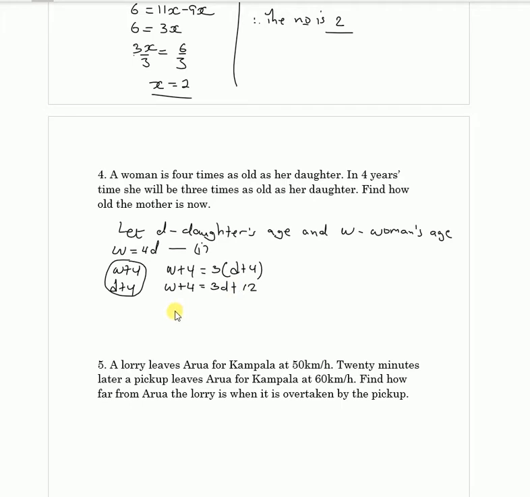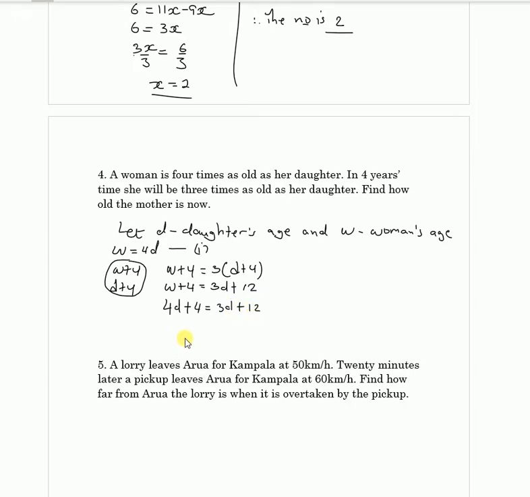Let us substitute for the value of W from this equation, such that we have 4D in place of W here. I'm putting 4D because W is equal to 4D. So 4D plus 4 is equal to 3D plus 12.